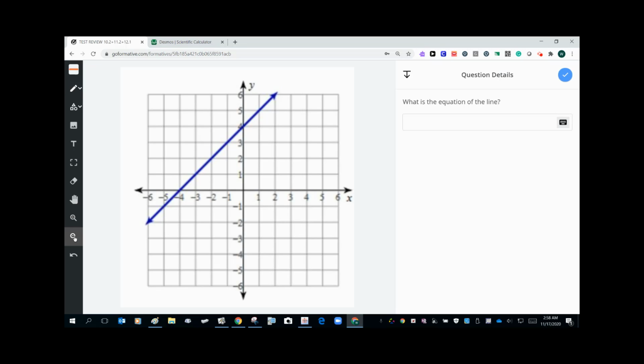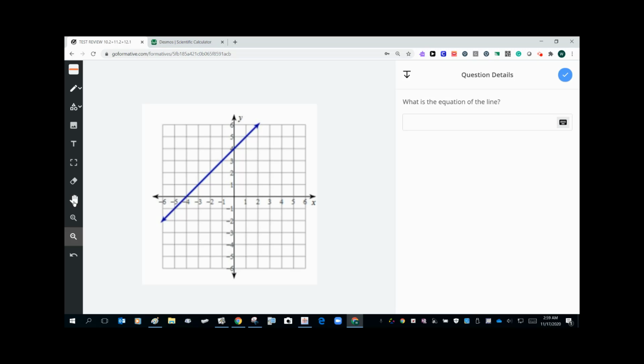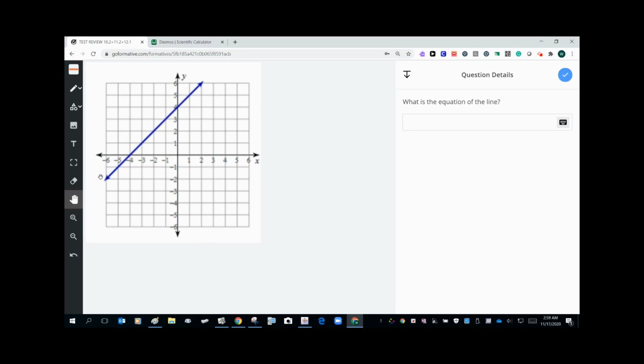Same thing. Let's make it smaller, move to the corner, and then we're ready to identify our slope. So we choose two good points. Right there is one. Here's another one. My rise here will be +1, and my run +1 as well.